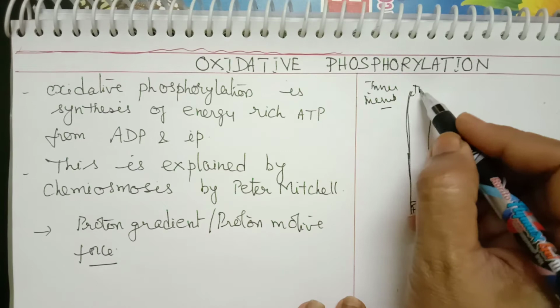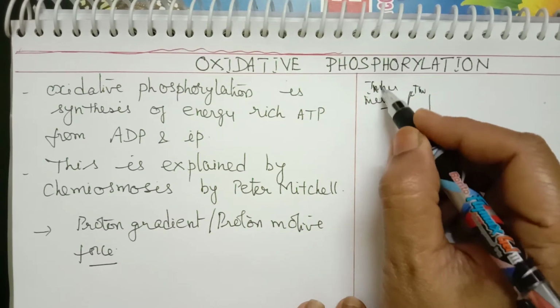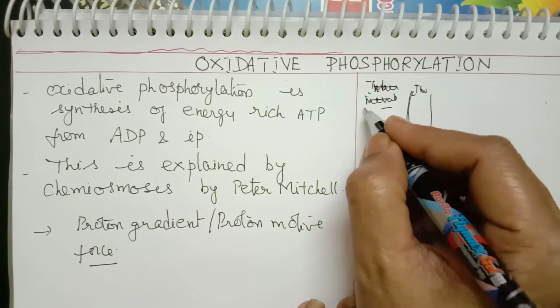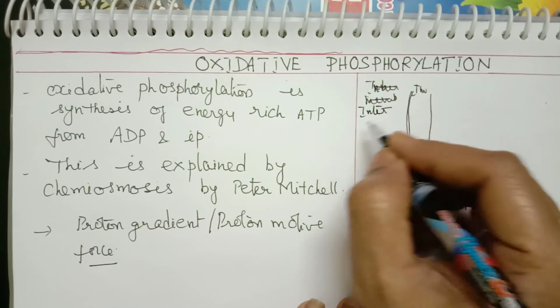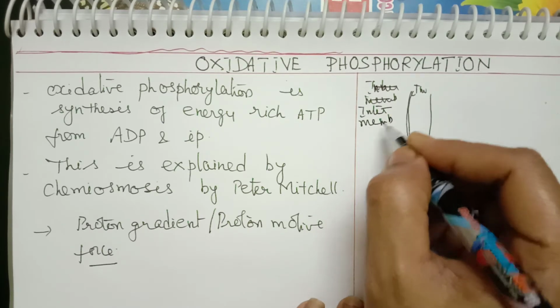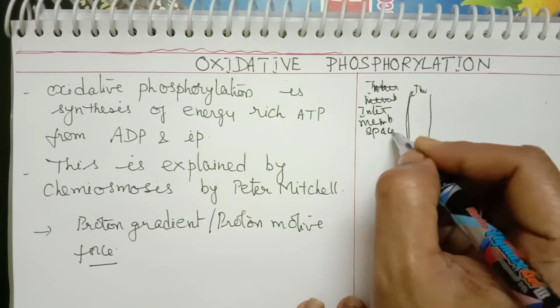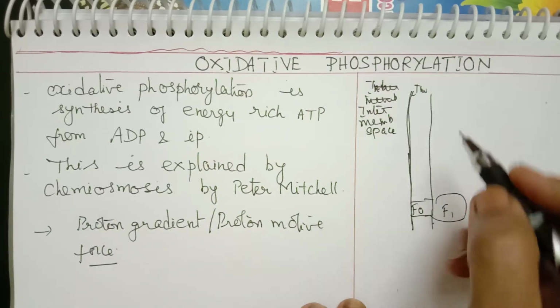This is the inner membrane and this is the intermembrane space, so a proton gradient is created here.